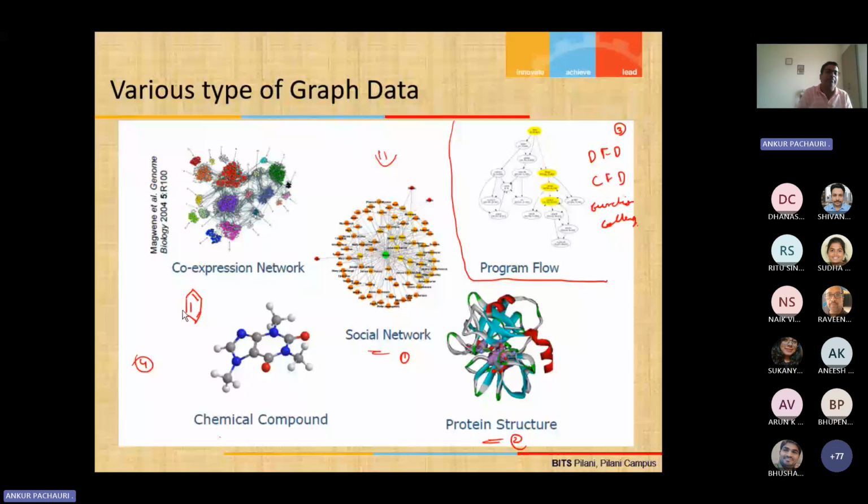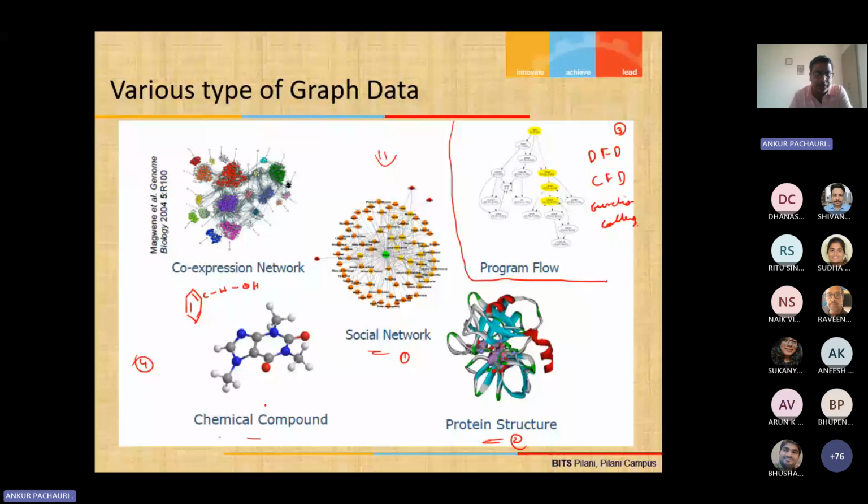Carbon combined with hydrogen, combined with a hydroxyl group, COOH, H2O, whatever it may be. That again is one form of graph data in which atoms or molecules can be considered as nodes, and their connections, their bonds, different types of bonds, can be represented in the form of an edge. So a chemical compound can be converted into a graph.